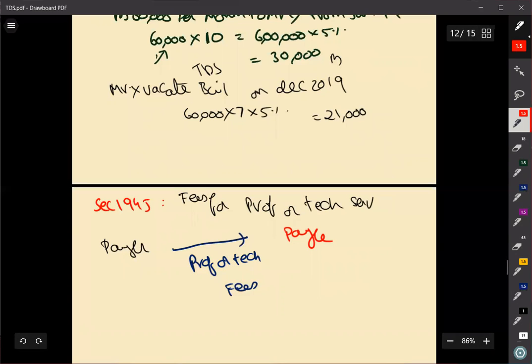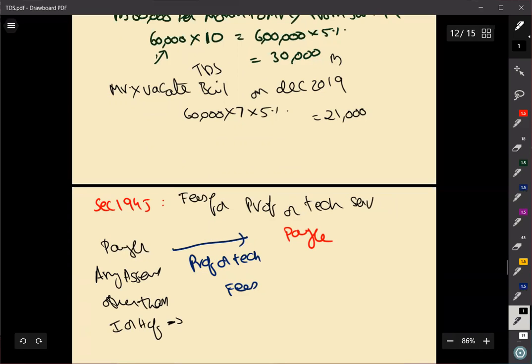Here, who is the payer? Same. He could be any person other than an individual or HUF. This individual or HUF is not covered under section 44AB, same as the other sections.